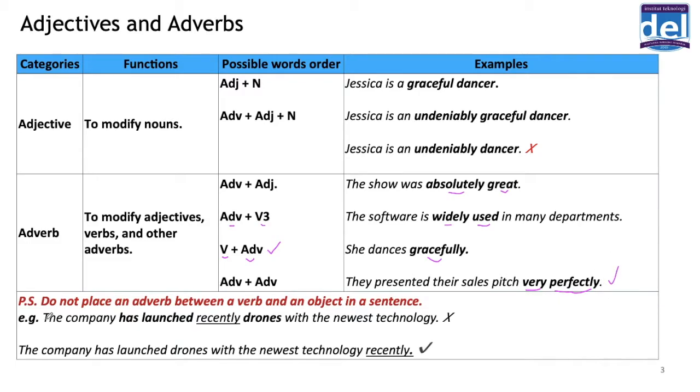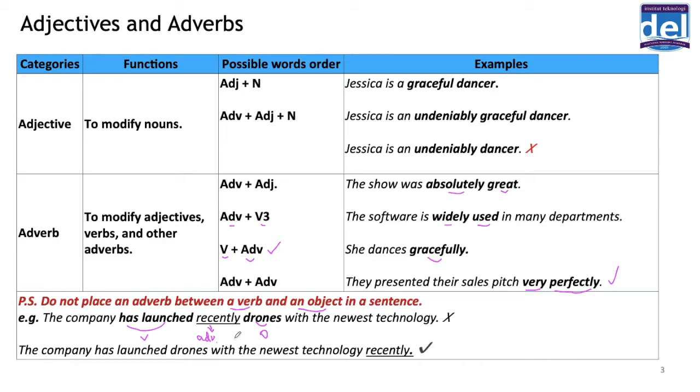Another thing to remember regarding the position of adverbs: do not place an adverb between a verb and an object in a sentence. Look at this example. This is the verb, this is the object, and this is the adverb.